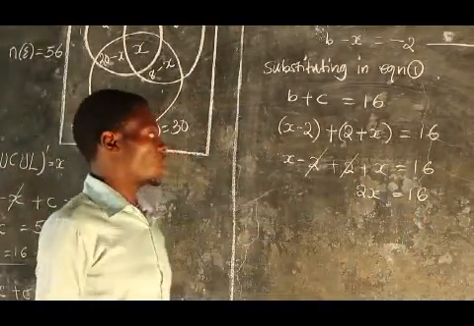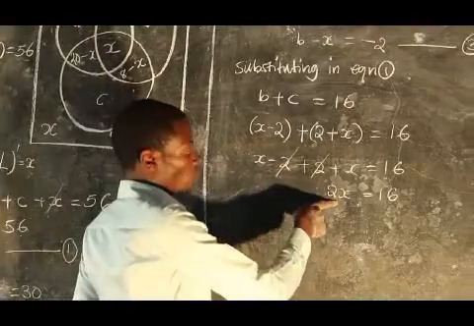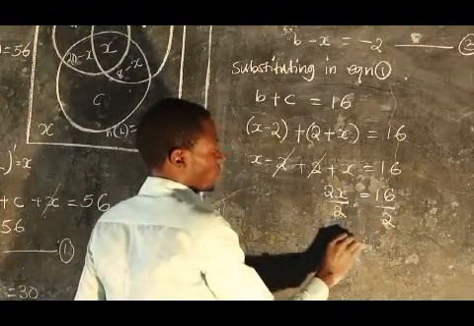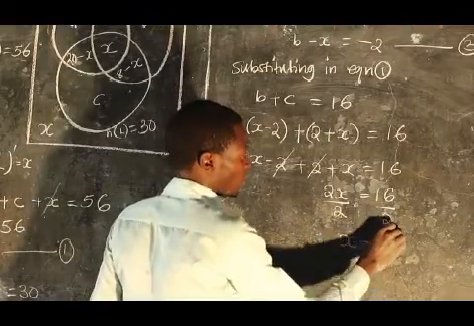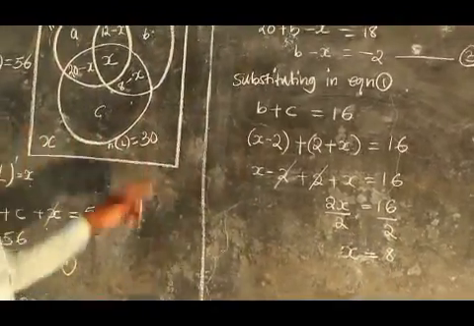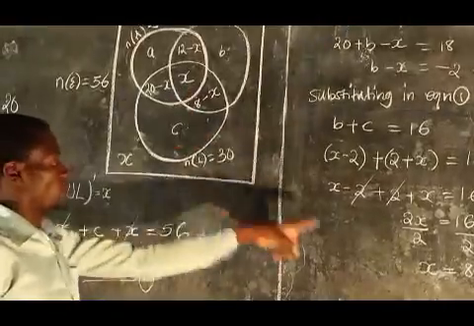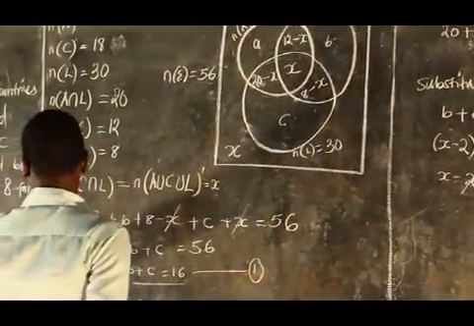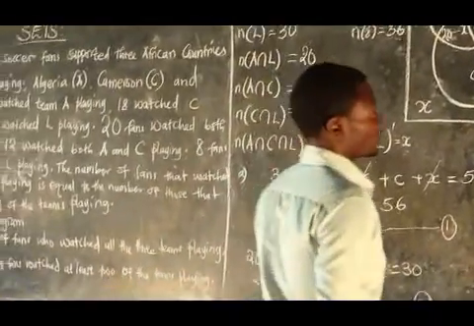Now we divide by 2 throughout. And we obtain x as 8. It means the value of x here is going to be 8. And it is the solution to our question in part A.